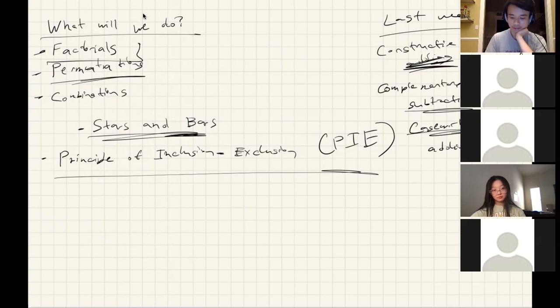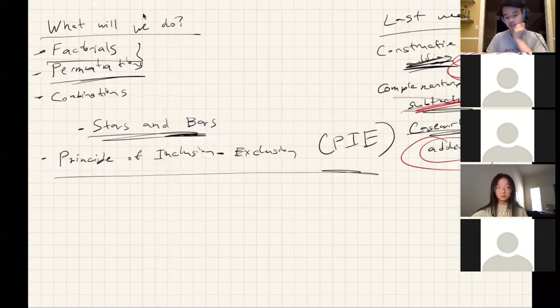So today we'll be focusing mostly on adding and multiplication, less so on subtraction, although we will talk a little bit about subtraction when we get to the principle of inclusion and exclusion. We'll also introduce how we use division, because I didn't bring it up last week.